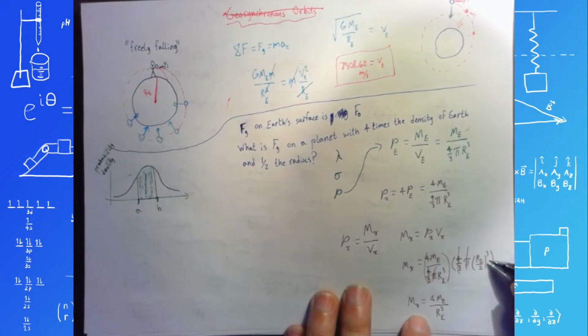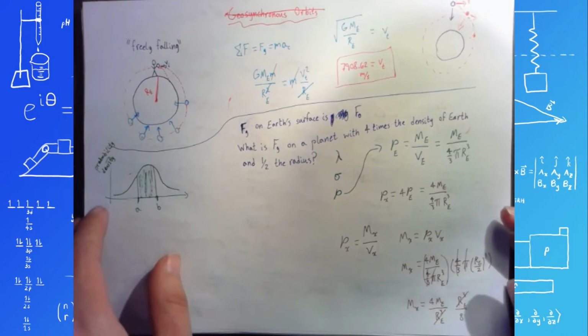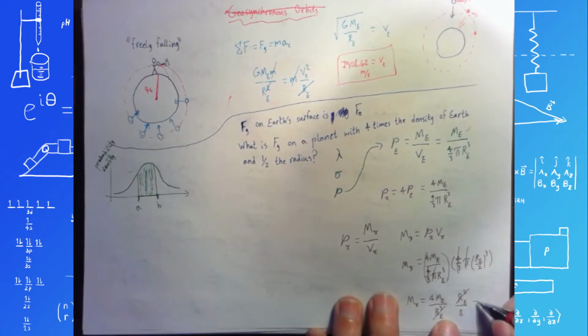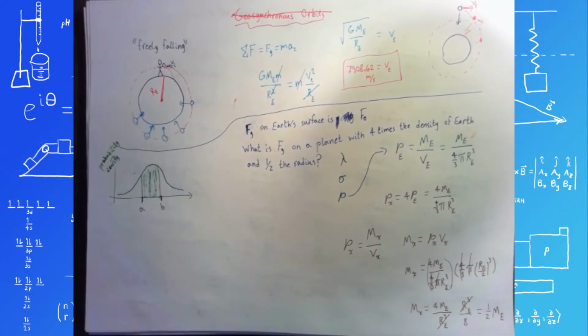And then over here, radius of Earth over 2 cubed is radius of Earth cubed over 2 cubed, which is going to be 8. So radius of the Earth cubed cancels out, and we get 4 over 8. We get 1/2. This new planet has overall 1/2 the mass of the Earth.